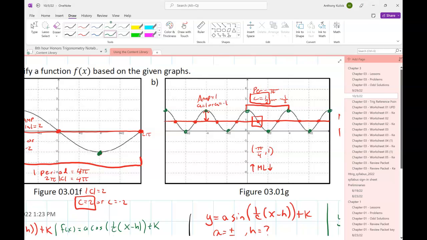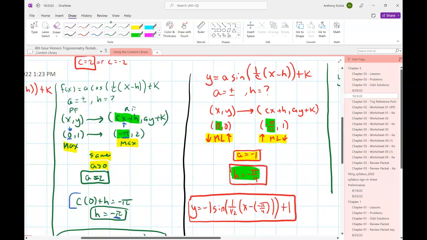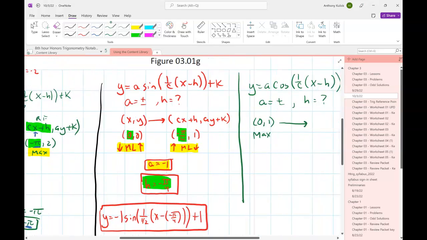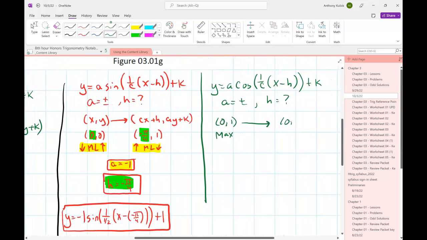Which one do you suppose Mr. Kulik would pick? Boy, I like that one quite a bit, right? 0, 2. Note that that is also a maximum. Since they're both maximums, that tells me the A is positive.